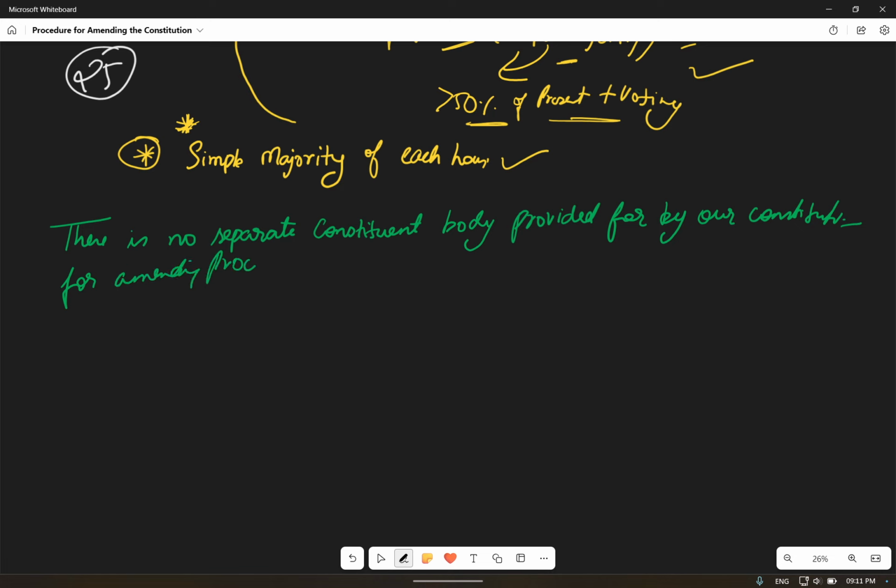Whatever amendment happens in the constitution, there is no separate body responsible for the amendments. It is just that parliament is responsible for that, and parliament does that.